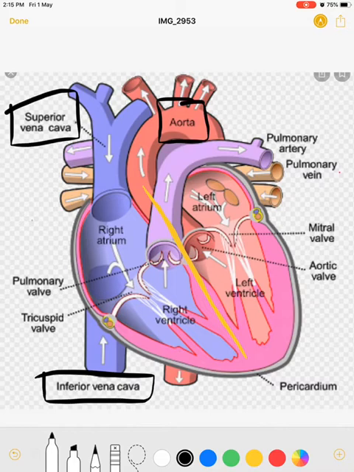You should know here that valves, when blood comes from atrium to ventricle, the blood should not go back. So this is very important. This is the function of valve, that it prevents the backflow of the blood.